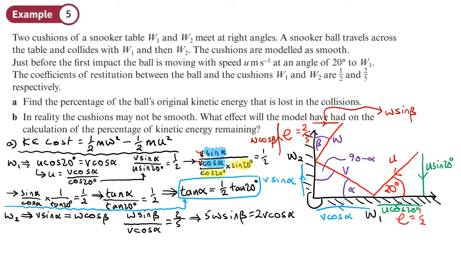And now I'm going to use the V sine alpha and V cos alpha to get tan alpha. Reason being, I've got tan alpha equals something. So here, I'm going to write it as V sine alpha over V cos alpha. Well, that's just tan alpha, isn't it?